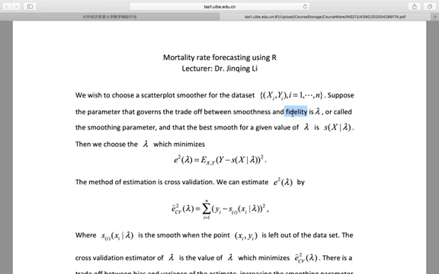Remember, in the lecture on graduation, I explained that a better smooth curve should balance well between the smoothness of the curve itself and the goodness of fit, right? And here I introduce lambda, the smoothing parameter, that controls this balance.